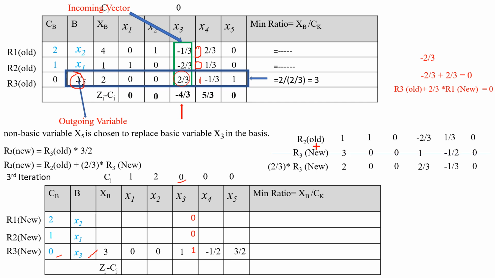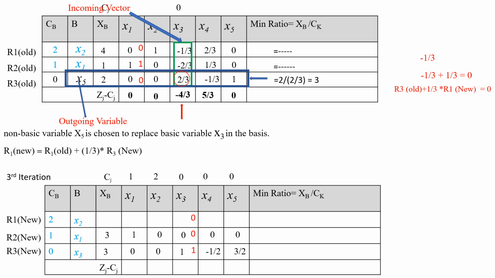Then R2 old plus 2 by 3 into R3 new, that is 1 plus 2 it is 3, 1 plus 0, 1, 0 plus 0, 0, minus 2 by 3 plus 2 by 3, 0, 1 by 3 minus 1 by 3, it is 0, and 0 plus 0, 0.